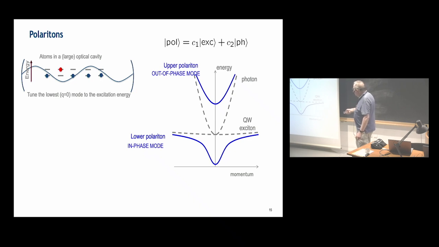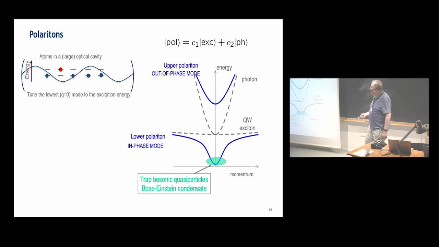And this is the Rabi splitting between the two of them. And the lower polariton I can think of as being the in-phase mode. And the upper polariton I can actually think of as being an out-of-phase mode. Not of the excitons. The excitons are all in phase, but whether the excitons are in phase or out of phase with the optical association. Okay. So this is some dispersion curve.